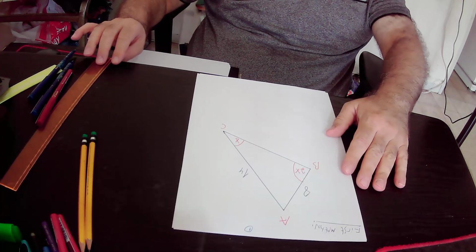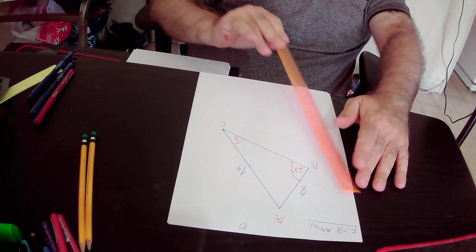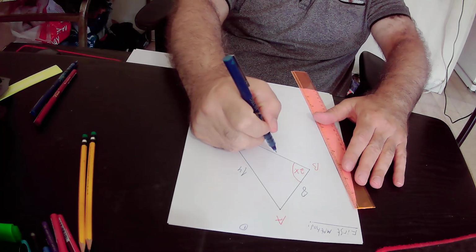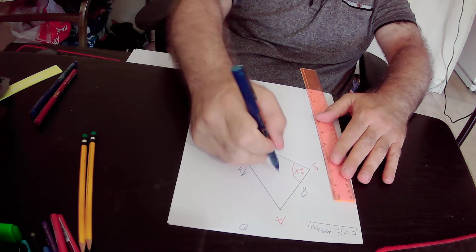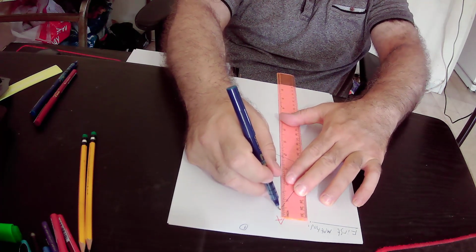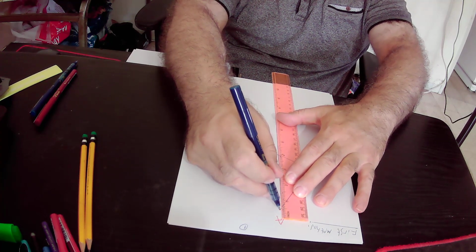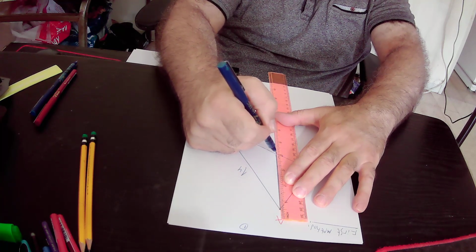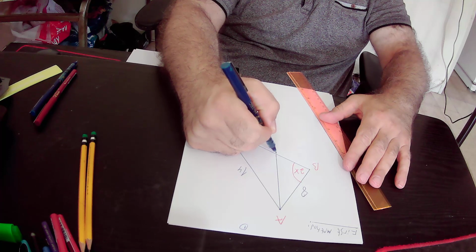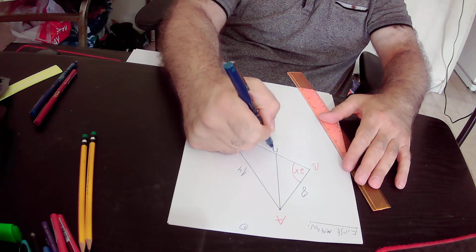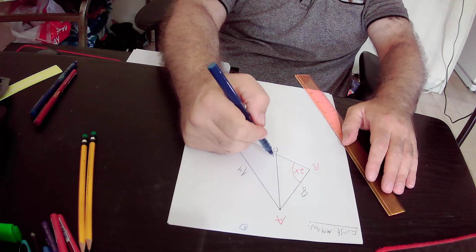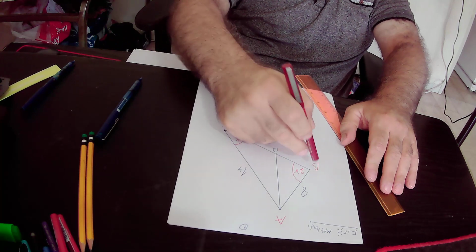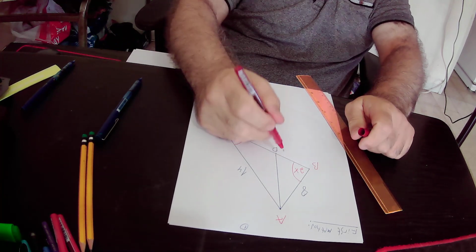So first of all, we will draw line segment AD, and this point is point D. We drew line segment AD in such a way that angle ADB also equals 2x.